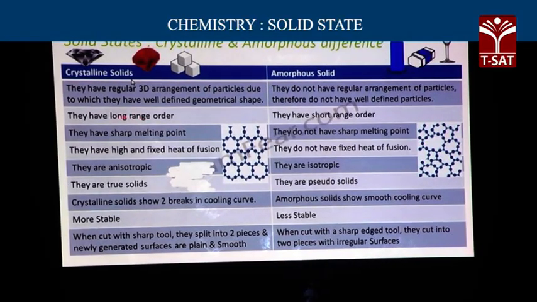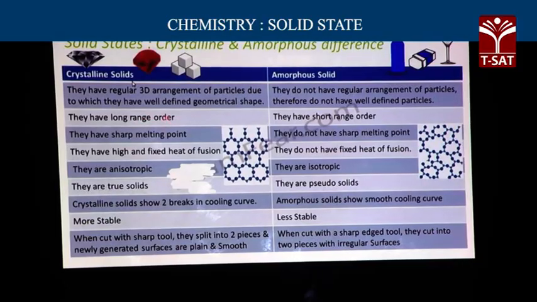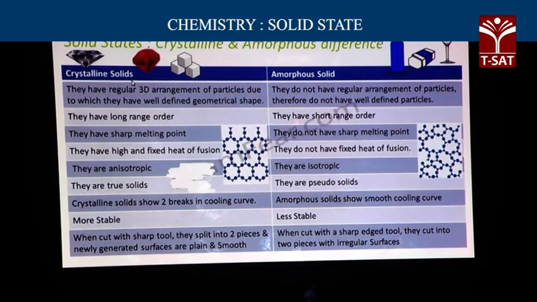Another difference is, in crystalline form, long range order of patterns is present, whereas in amorphous form the repeating units are very short, so short range order. We know already the crystalline solids have a sharp melting point, amorphous forms have no sharp melting point.